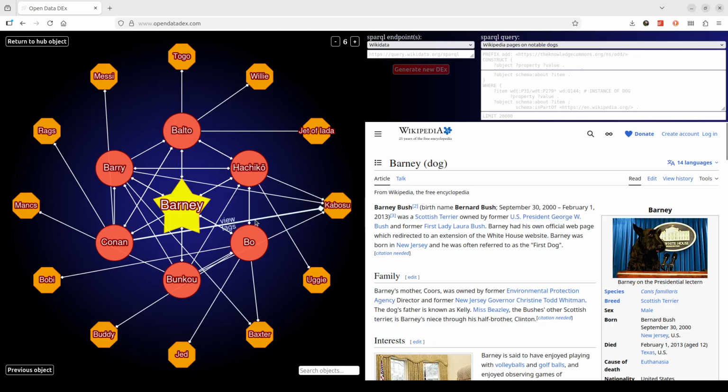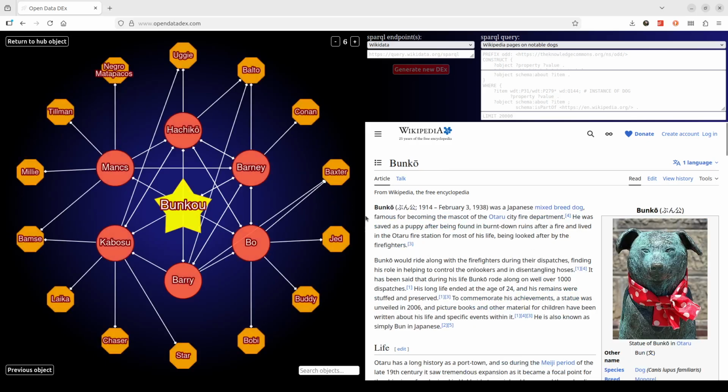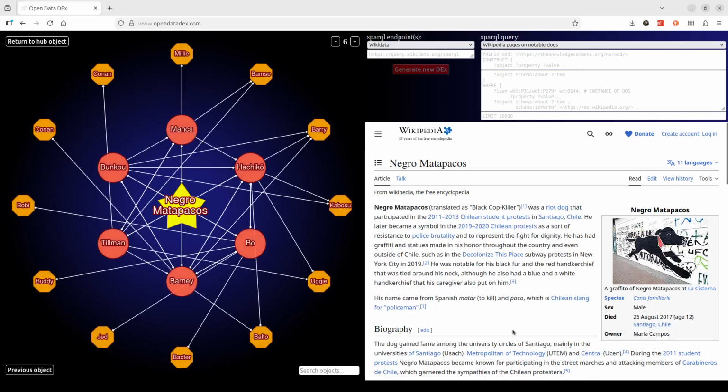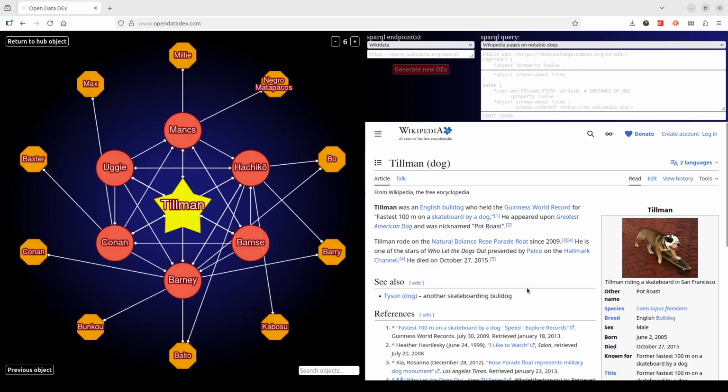This dog was owned by the Bushes. Let's see, Bunku. Okay, unfortunately I'm not seeing a ton of good clustering of these dogs. There's a riot dog that participated in protests. That is pretty interesting.